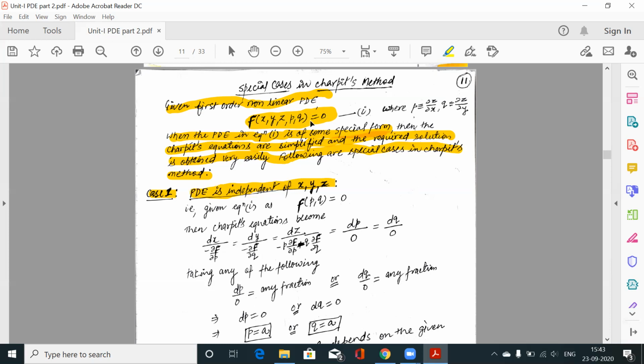Only P and Q are there. So this is the first special form in Charpit's method, when the given differential equation does not contain any term including X, Y or Z, and the terms are only with P or Q.